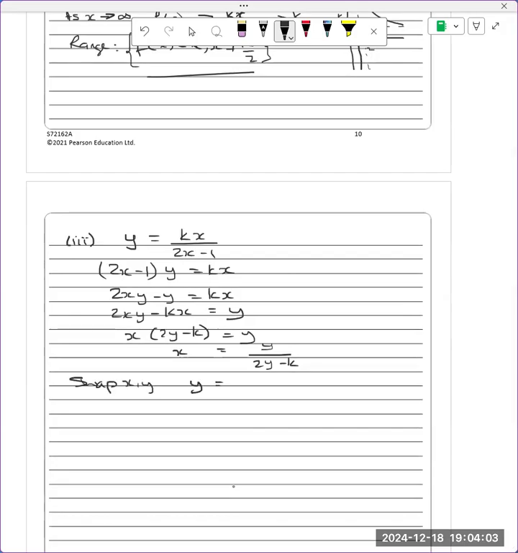That gives us y is x over 2x minus k, and therefore that is our inverse function.